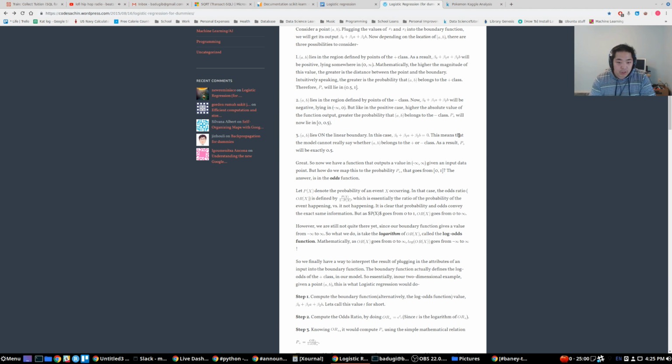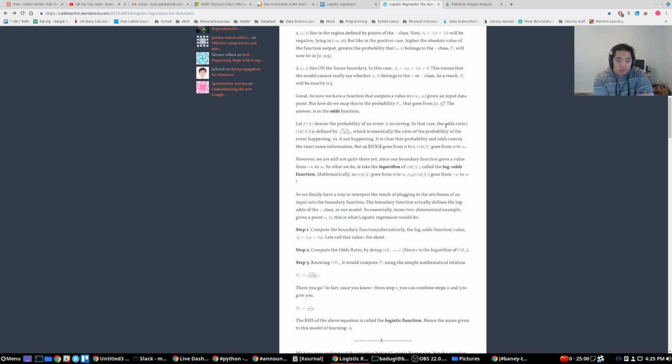But other than that, the reason it does that is because it calculates the boundary function. And how that happens is there is this thing called the log odds. What you do is you try to find the odds ratio.